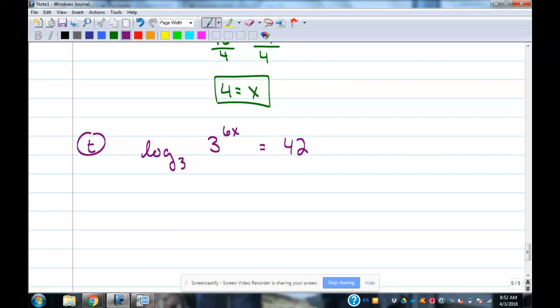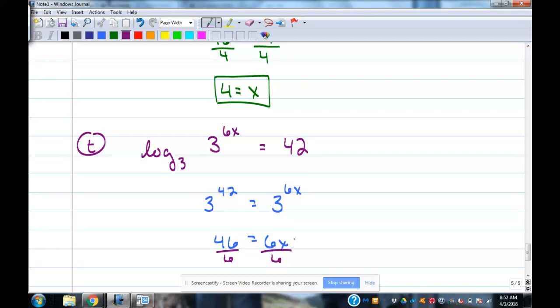Yeah. It's got a log on one side and a number on the other that's not a log. So I could just rewrite it as an exponential, couldn't I? Yeah. 3 to the 42 is 3 to the 6x. And if you know that these are the same base, then what do the exponents have to be? They have to be equal to each other, right? So 42 has got to equal 6x.